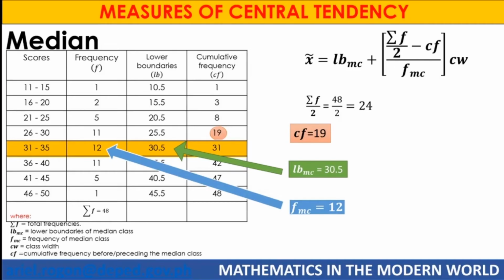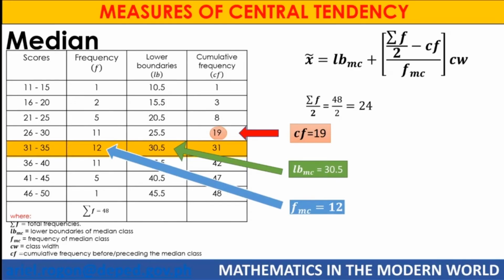Now, don't get confused, because the cumulative frequency of our median class is the 31, right? The highlighted portion there. But the CF means the cumulative frequency before the median class. So therefore, it is the 19. And 19 is our CF.